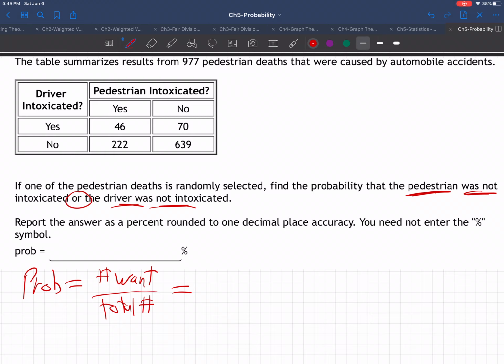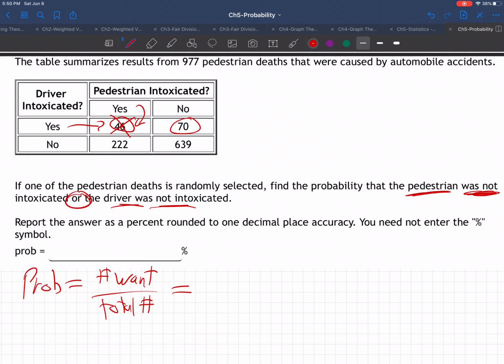How about these 46? For those 46 deaths right there, what's the case? Well, the driver was intoxicated and the pedestrian was intoxicated. So is that what we're looking for? What we want is the pedestrian was not or the driver was not. No, they both were. So cross that out. That's not what we want.